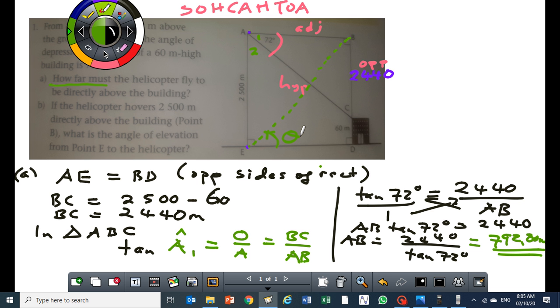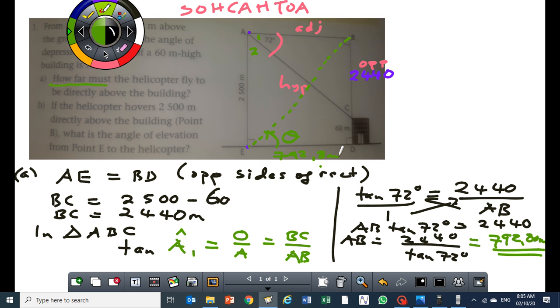Based on the information, everything that we have found, the length of ED. What do I mean by that? If you found the length of AB, AB is equal to ED because the opposite sides of a rectangle are equal. So ED is going to be 792.8 meters.